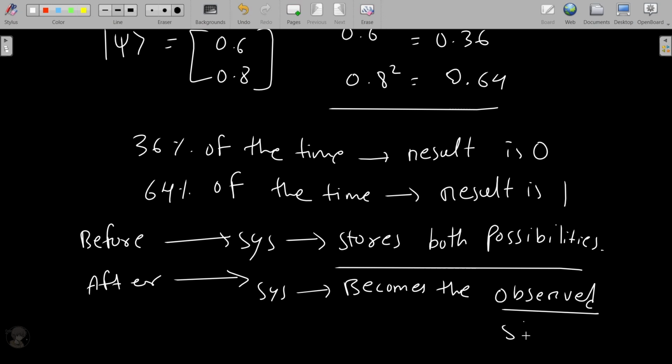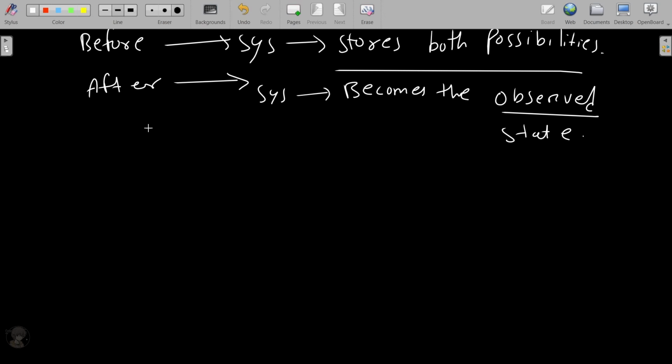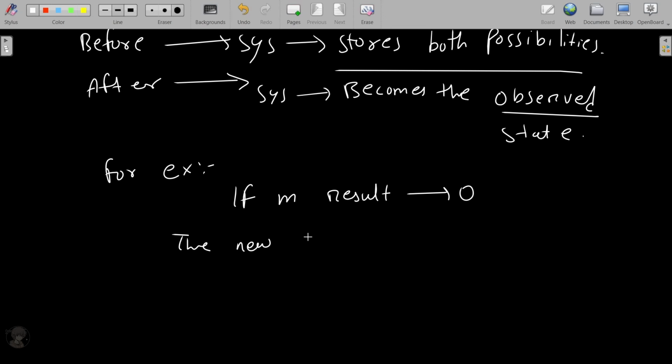For example, if the measurement result is 0, the new state becomes ket 0, which means 1, 0.